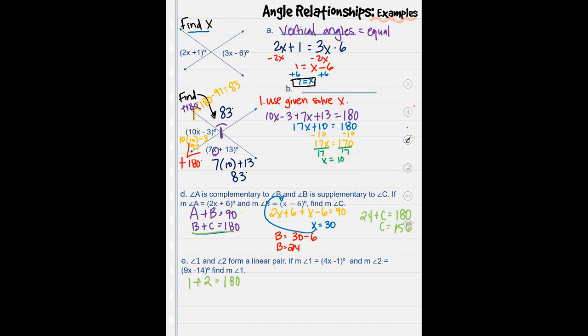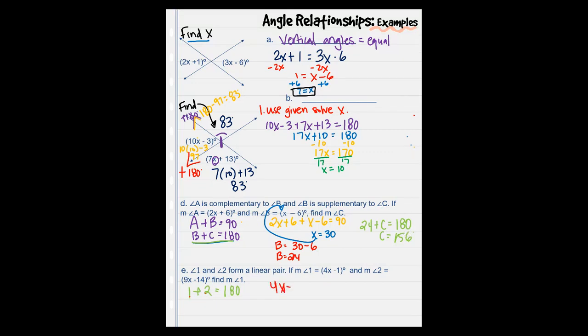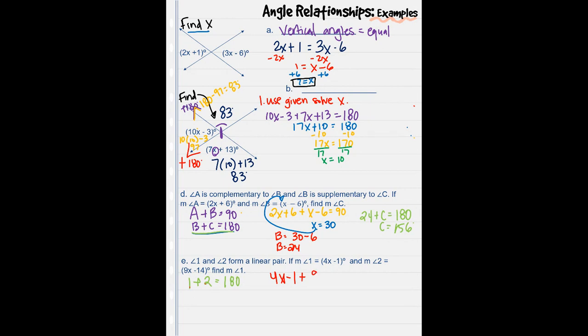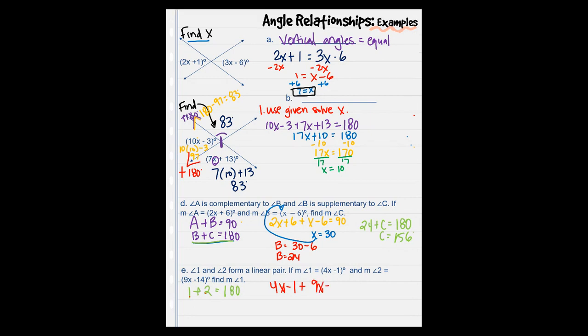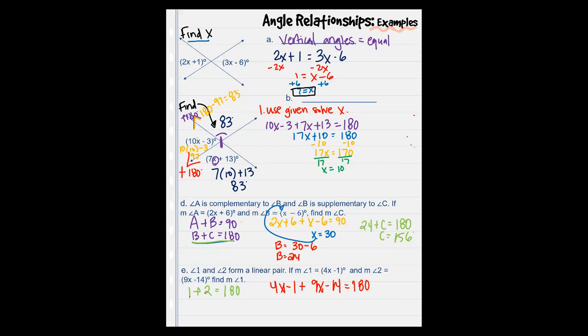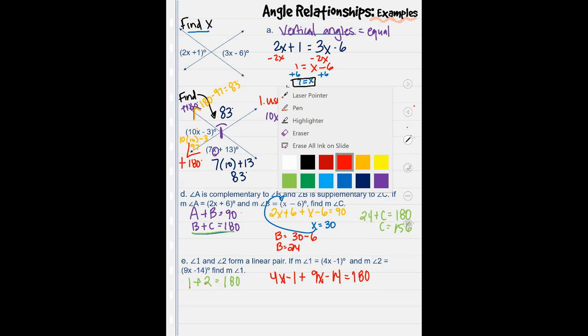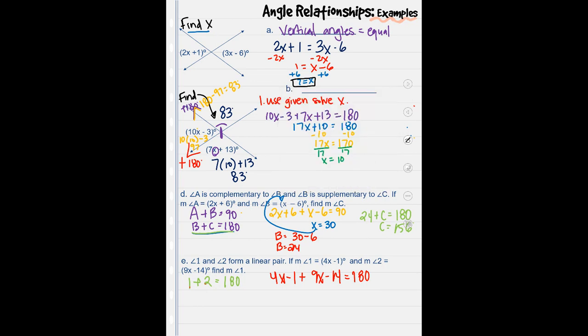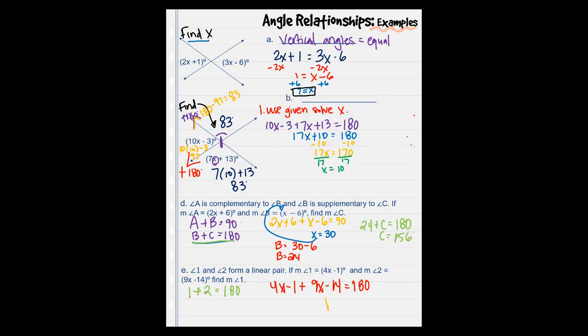So I'm just going to plug in my equations for my 1 and my 2 and solve for x. 4x minus 1 plus 9x minus 14. Goodness. It's dragging a bunch down here. And I need to solve for x. X ends up being 15.